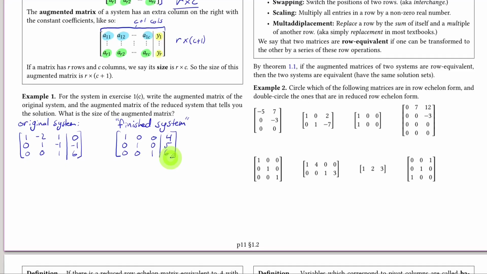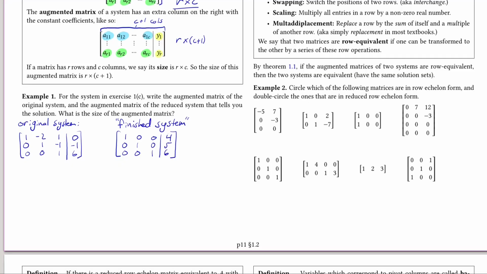Now, these matrices are in a special form called row echelon form for this one and reduced echelon form for this one. We're going to look at exactly what that means. What's the formal definition of row echelon form and reduced row echelon form?